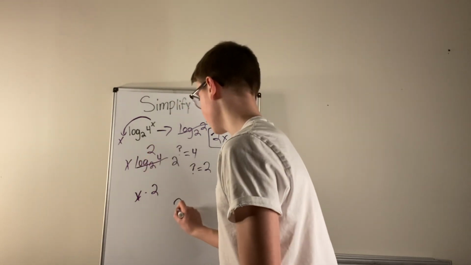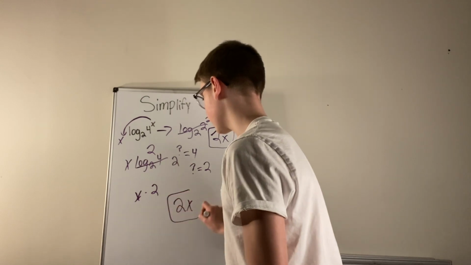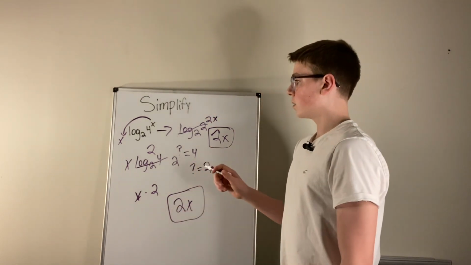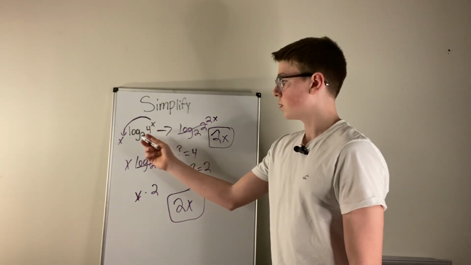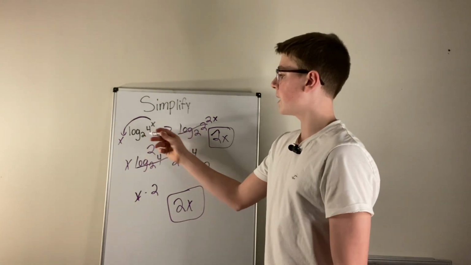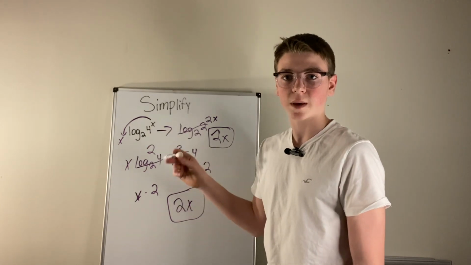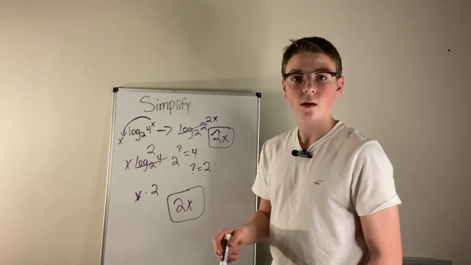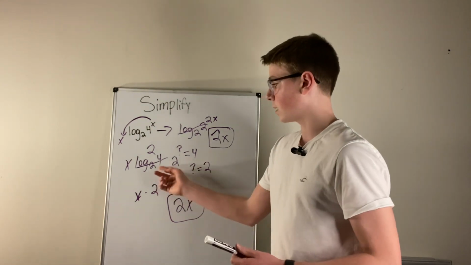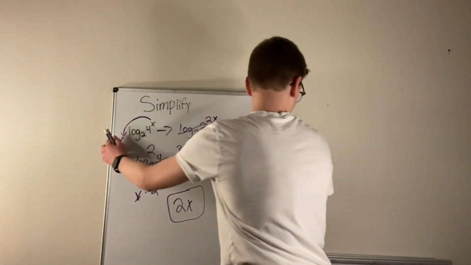So x times 2, which is 2x. So either way you like, you could get the base of this exponent the same as this log base and simplify, or you could bring the x down and then simplify the log base and whatever this number is here.